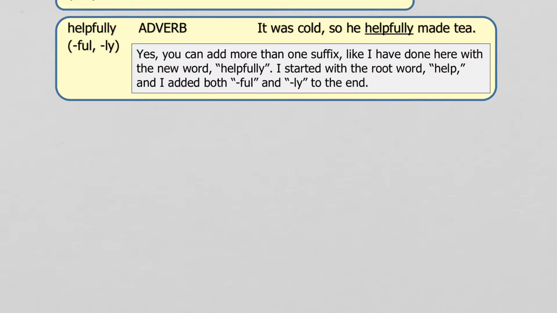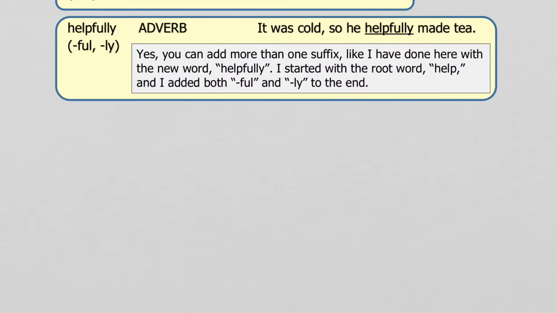I've added ful and ly onto the end. And what I end up with is the word helpfully, H-E-L-P-F-U-L-L-Y. And helpfully is an adverb. In a sentence, it was cold, so he helpfully made tea.